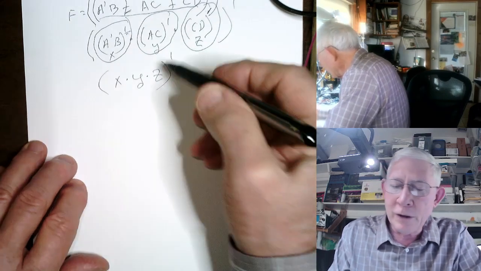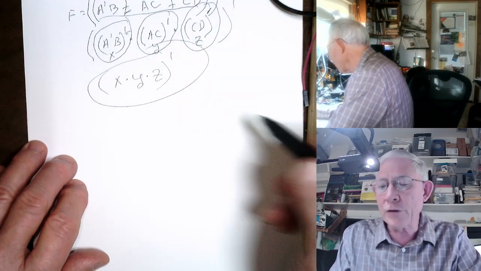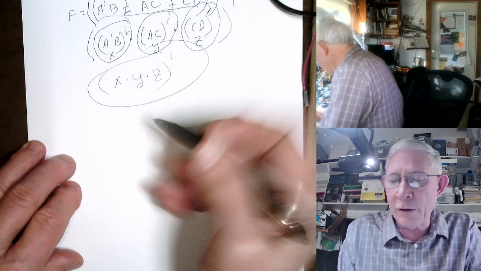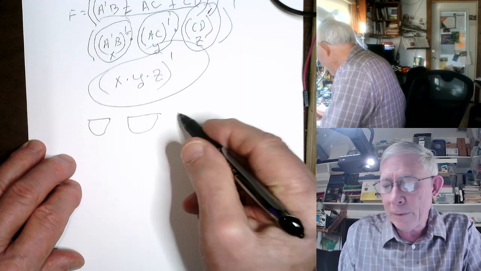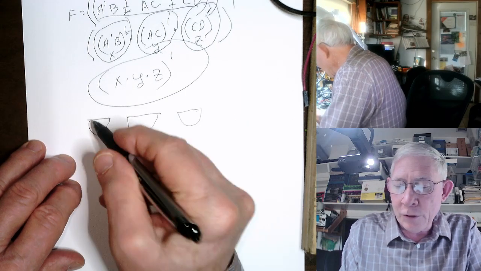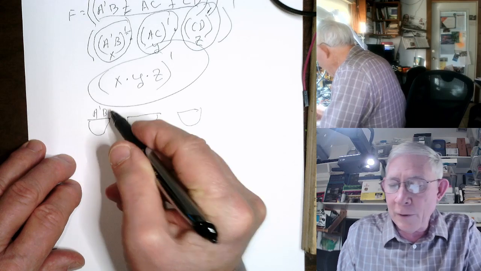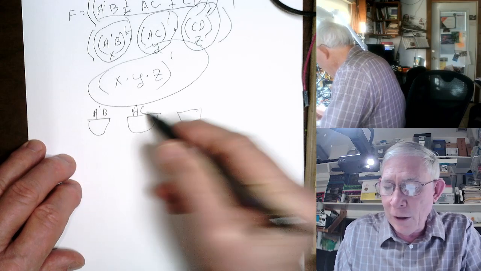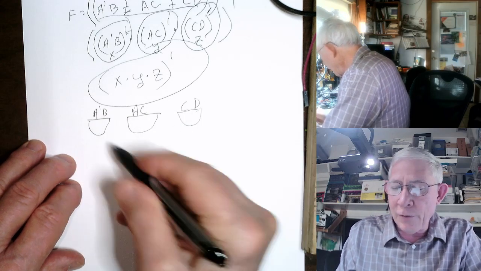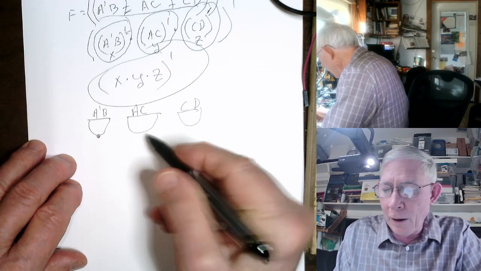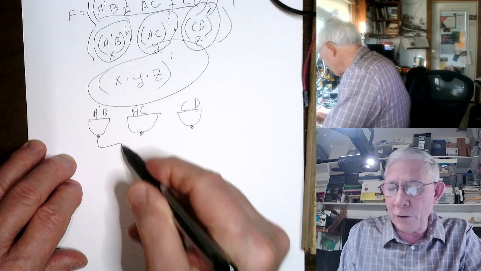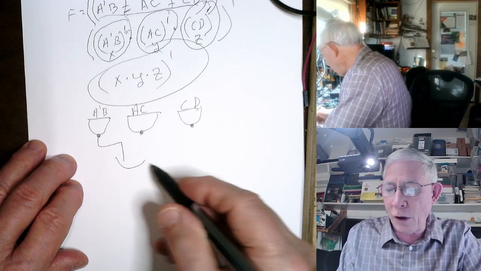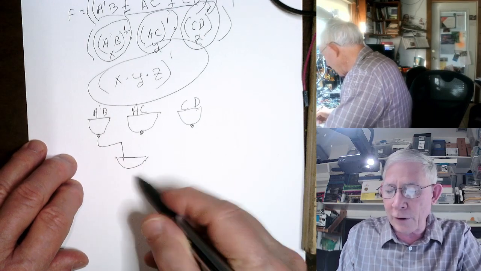That is another NAND gate. So this is a NAND network. In fact, it would look like this. There are your NAND gates. This is A prime B. This is AC, and this is CD. And they would all have an output bubble indicating that they're NAND, and they would all go into another NAND gate.